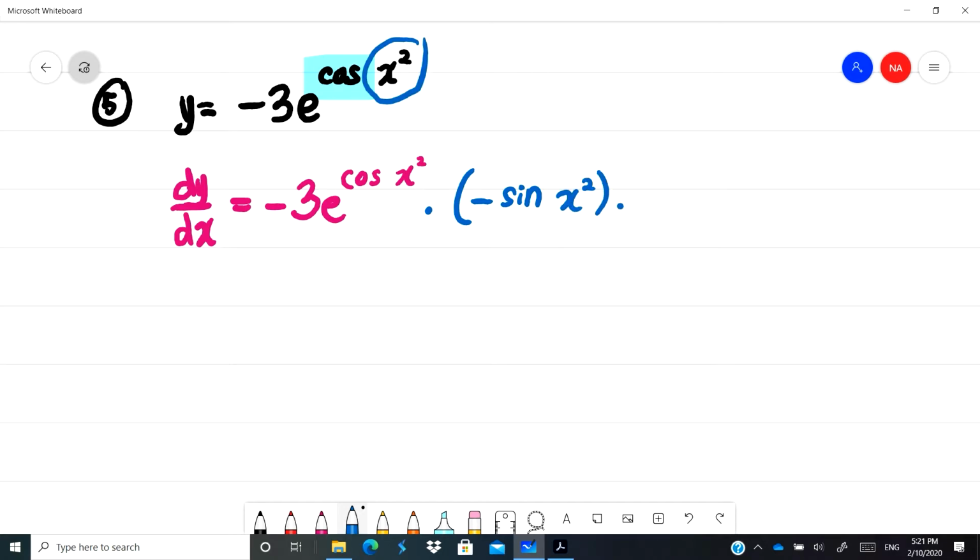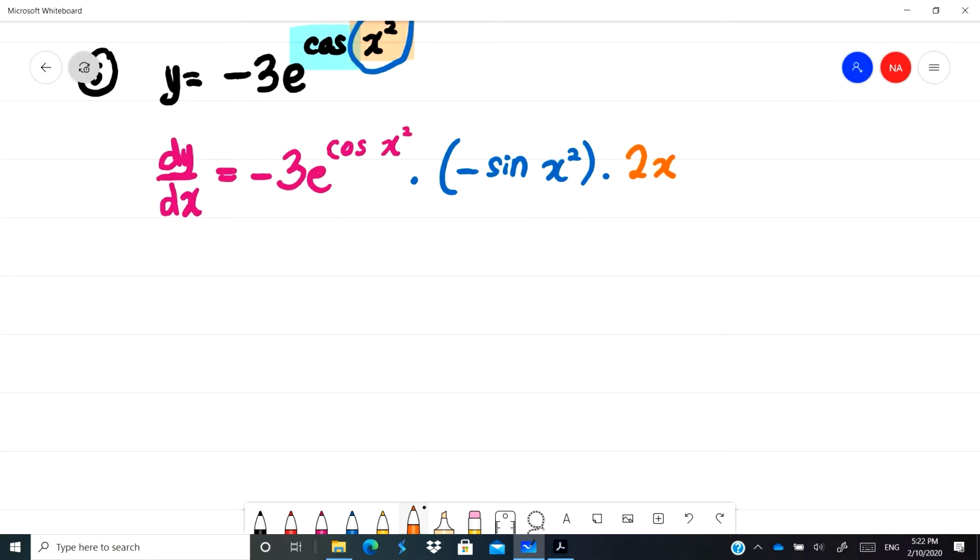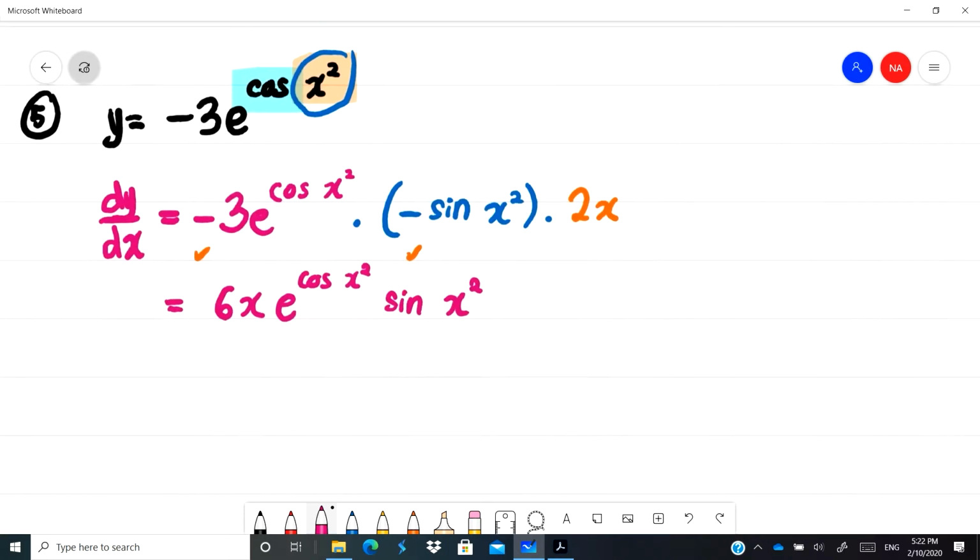But since it is x squared, you still have to differentiate that x squared, which will give you 2x. Now simplify this. Negative with negative will become positive. 3 multiplied by 2 gives you 6. We put x first, so 6x e to the power of cos x squared, and then we have sine of x squared.